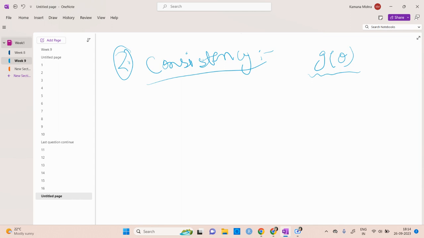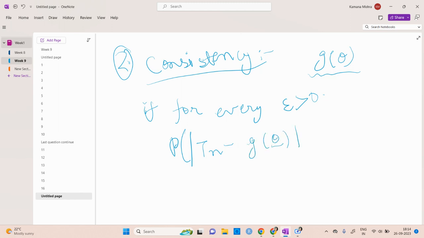So this happens if for every epsilon greater than 0, P of |Tn minus g(theta)| greater than epsilon goes to 0 as n tends to infinity.